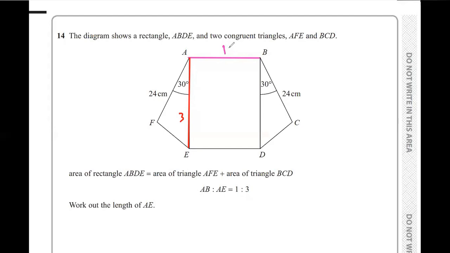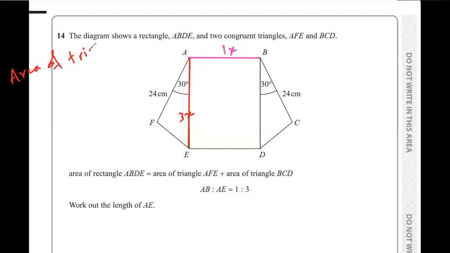So basically, we can call this one 1x and we can call the other one 3x. How would I work out the area of one of these triangles? You know the formula to work out the area of the triangle. What do we do? Area of triangle, Naman?